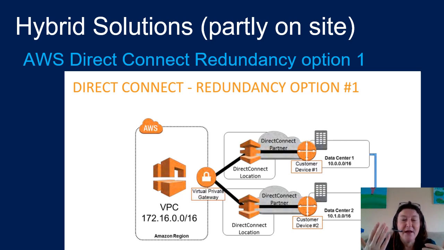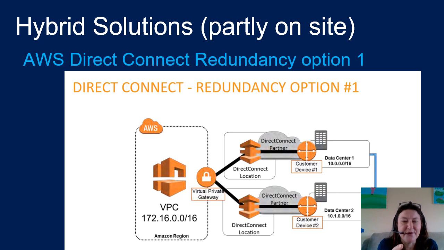So you might have one connection via AWS with AT&T and another one via AWS with Comcast, for example. You might have two different ISPs just to ensure that you have complete redundancy in the whole system.